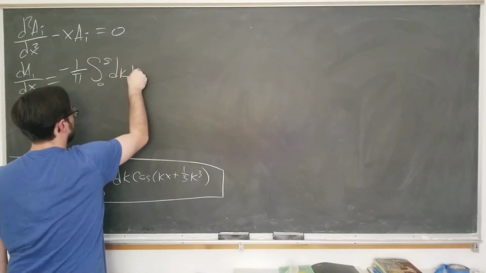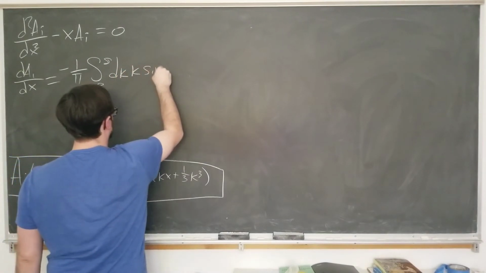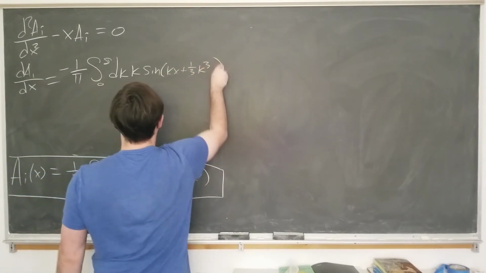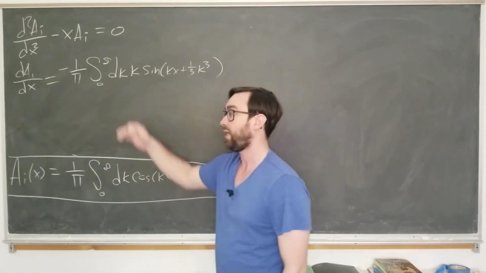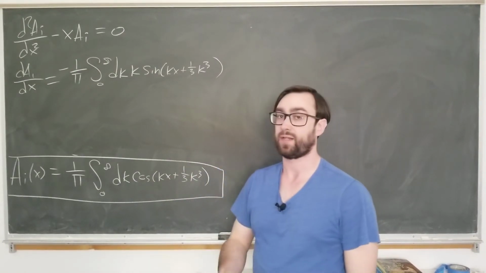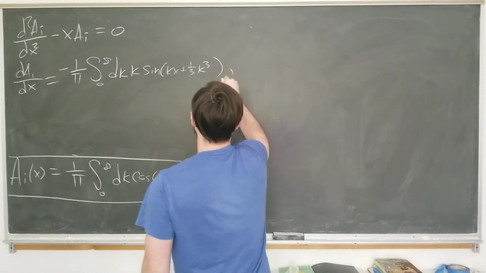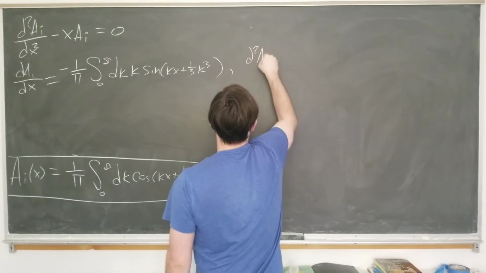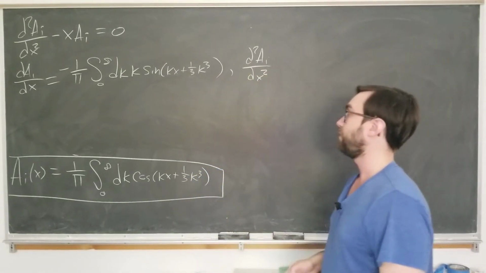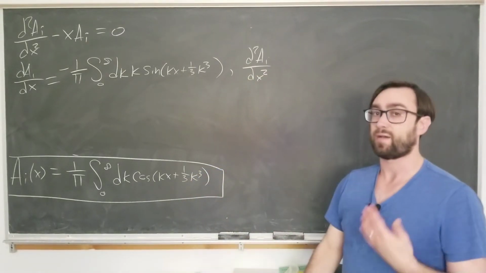dk, k sine. Also, notice we cannot bring k outside the integral since we are integrating over k. This is a mistake that I made early on. And the second derivative, well, we have a sine, it's going to go to a cosine, and we're just going to get another factor of k.